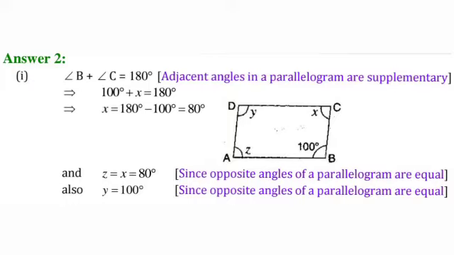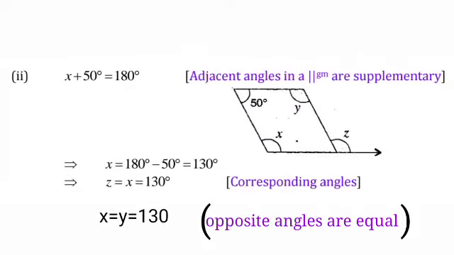Opposite angles are equal, that's why angle x equal to angle z. So when x is 80 degrees, z will also be 80 degrees. Then angle y and angle B are opposite angles, therefore angle y equal to 100 degrees. In the second figure, angle x plus 50 angle, when we add, we should get 180 because they are adjacent angles.